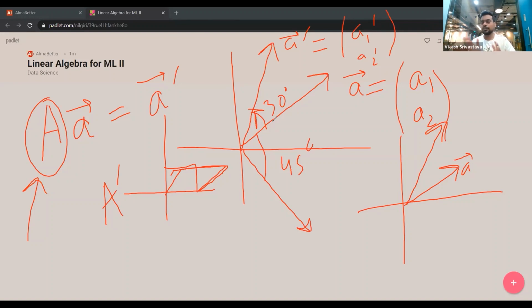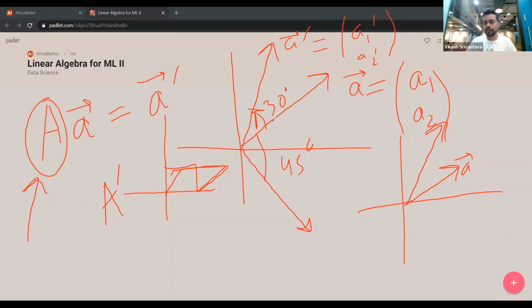So the length of the vector in the case of shear transformation, the magnitude is also changing, the direction is also changing, right? So the whole idea of discussing all these things is to say to you that always think of a matrix as similar to applying a transformation on a vector which gives you another vector.